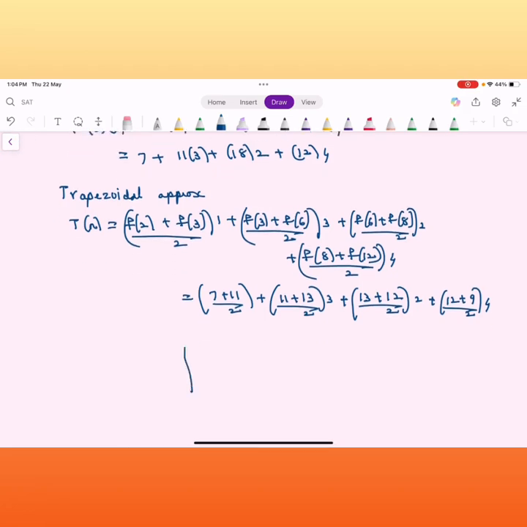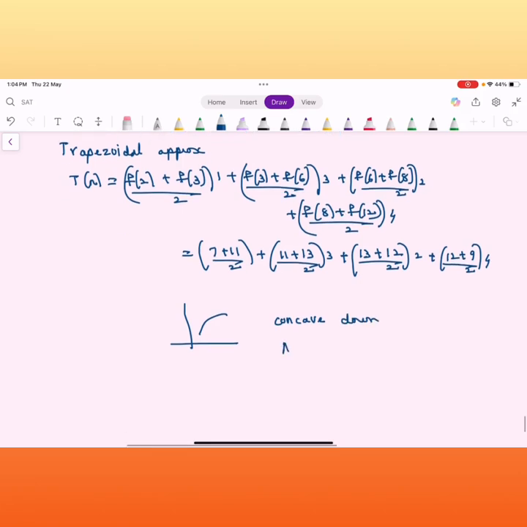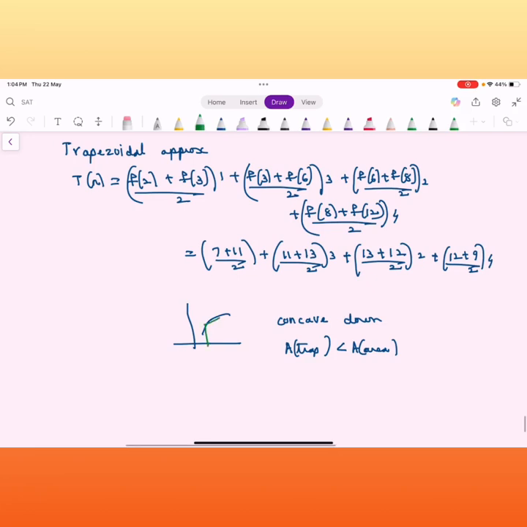Now, given a graph, if the graph is in this way, this is said to be concave down. And when it is concave down, the area of the trapezoid will be less than the actual area, because if you have a trapezoid here, it will be something like this.